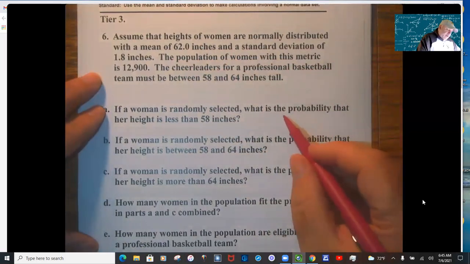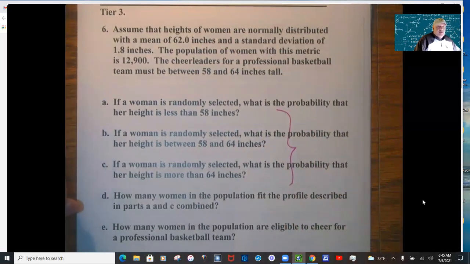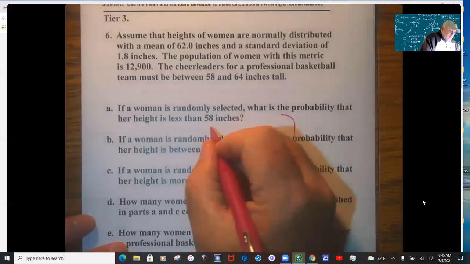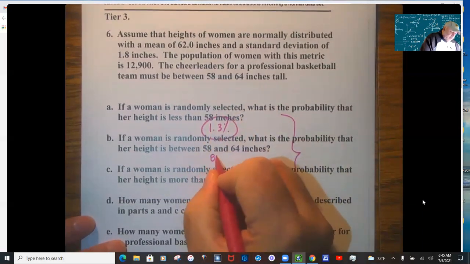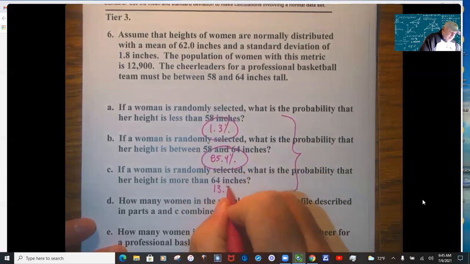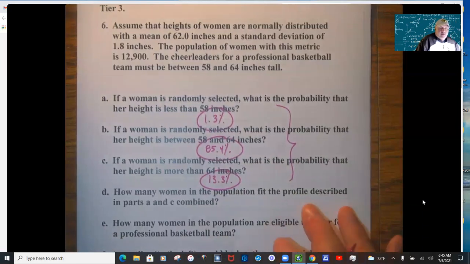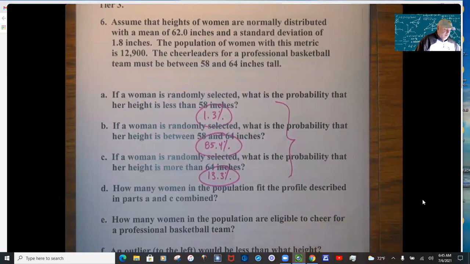These three are going to add to 100% when you do them, because we're taking that whole amount under the bell curve. So this is 1.3, this is 85.4, and this is 13.3, as you do all of those calculations using the normal distribution calculator.